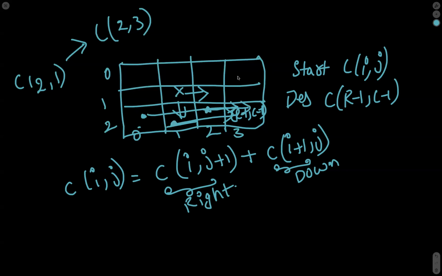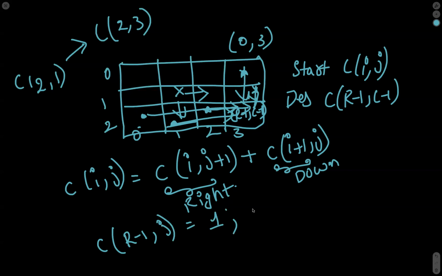In the same way, if we are starting here, suppose this is my start, the index is 0 comma 3. There is only one path, and if I'm starting here, there is only one path. So I can visualize C of any index with R minus 1 comma J, no matter what J is, the value is 1.